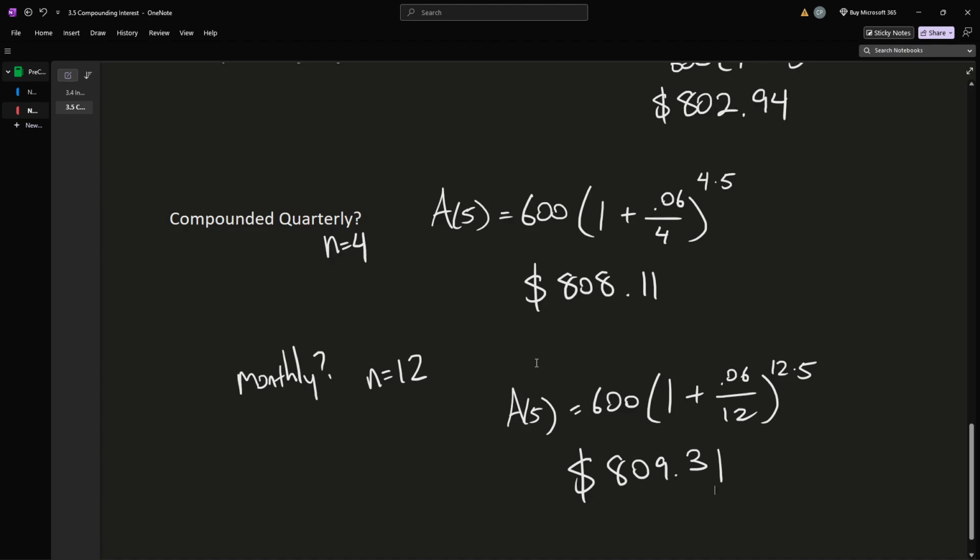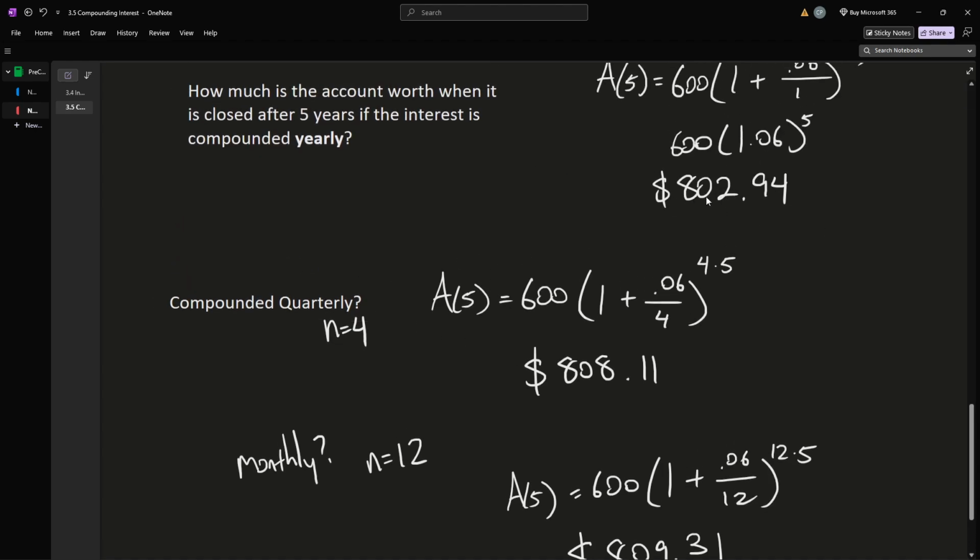Let's observe these numbers real quick. So I went yearly, I got $803. Then increasing it to 4 jumped my money $5 and some change to $808. And monthly, so from 4 to 12, still a big increase. 1 to 4 increased by 3, or times 4. 4 to 12 increased by 8, or times 3.